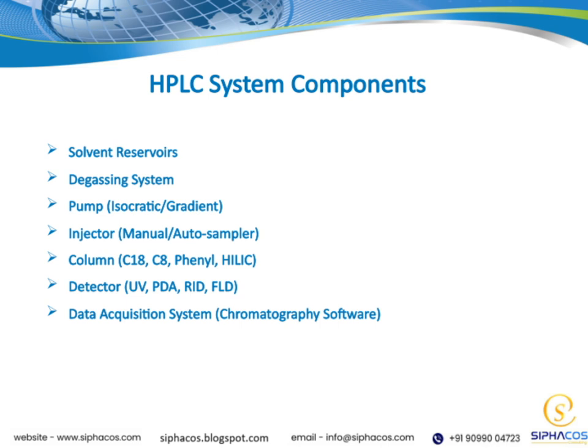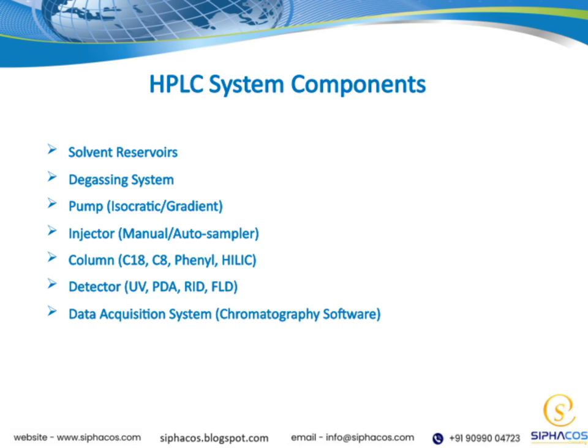Then, the column itself. There are various options like C18, C8, phenyl, or HILIC, each selected based on the specific separation needs of your analytes. The column is where the actual separation occurs. After the column, the detector comes into play. Options include UV, PDA, RID, or FLD detectors, which identify and quantify the separated compounds based on their unique properties.